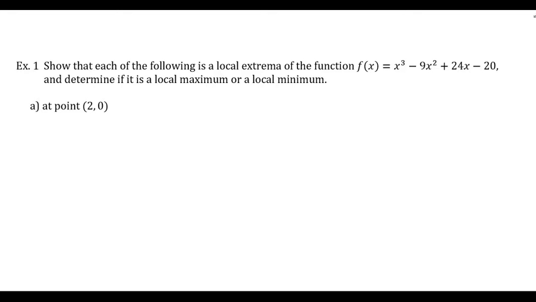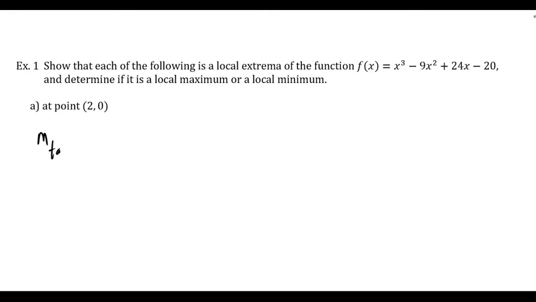And determine if it is a local maximum or a local minimum. So to show that it is a local maximum or local minimum, we have to find the slope of the tangent and show that it's 0, right? That's what we just looked at. That's what we're going to do.